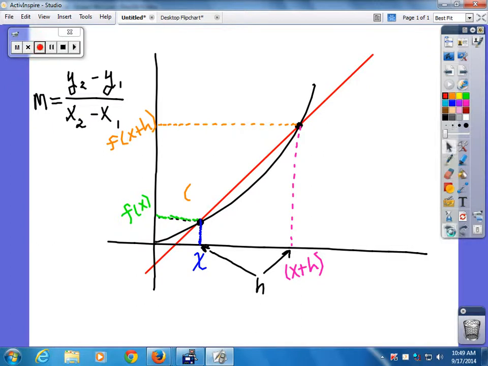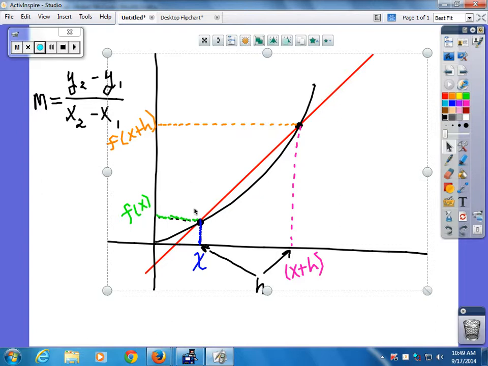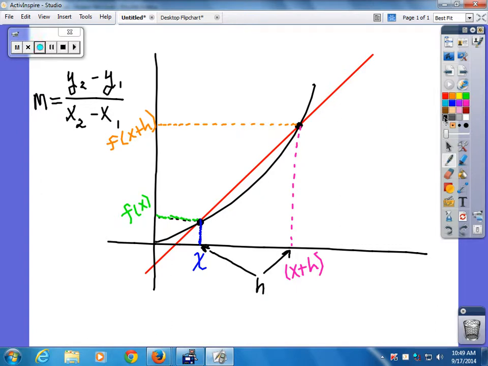So black, this is x, comma, what? F of x, that's that coordinate. With me?